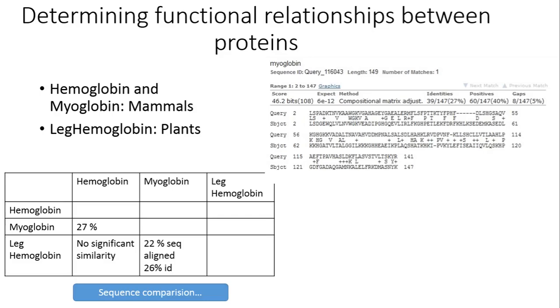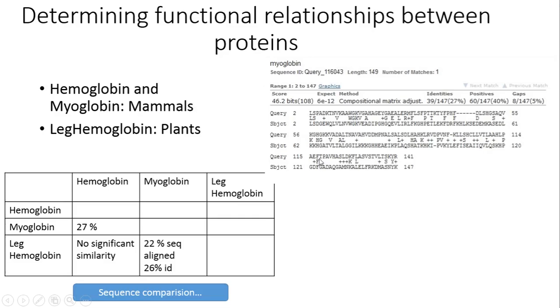The table that you see over here is the result that I obtained when I compared hemoglobin, myoglobin, and leg hemoglobin with each other. I downloaded the sequences and performed pairwise sequence alignment.